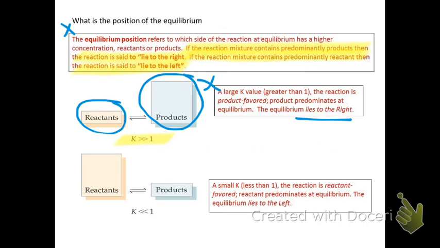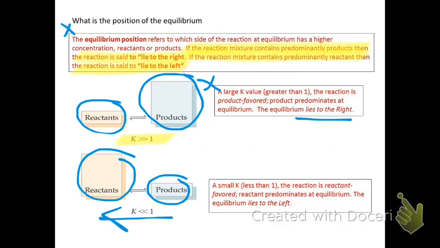However, if the K value is smaller than 1, a very small K value, then the reaction is reactant favored, and it means that the reactants predominate at equilibrium, and the equilibrium lies to the left. We have more reactants than products.